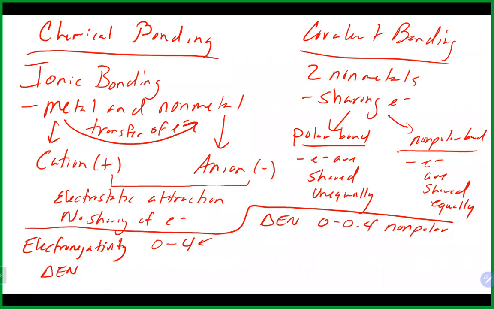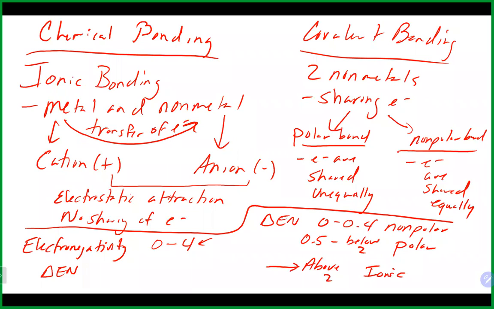So we would expect electrons to be shared equally. About 0.5, or above 0.4 to below 2, is some type of polar bond. So again, we would expect electrons to be shared, but unequally in this case. And typically above 2 is an ionic bond.